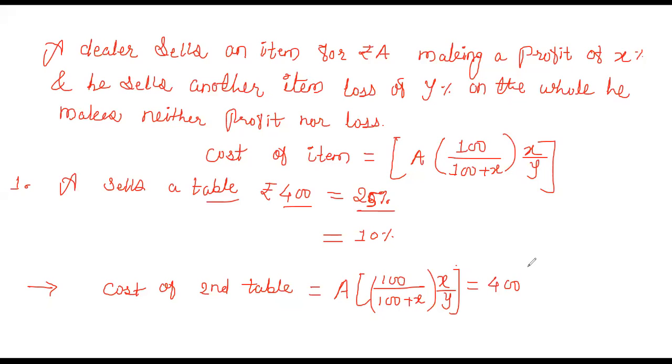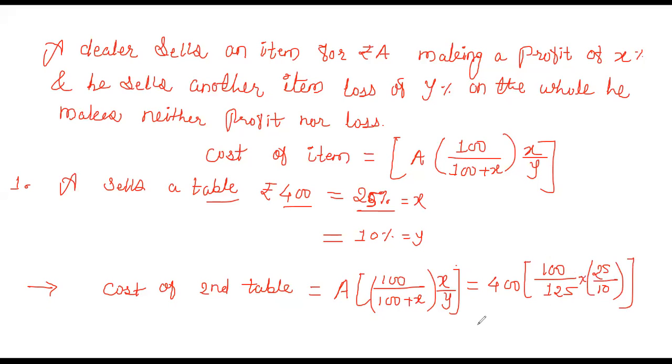The actual price, that is 400, into 100 divided by (100 plus 25), that is 125, into X by Y. X is equal to 25 and Y is equal to 10.